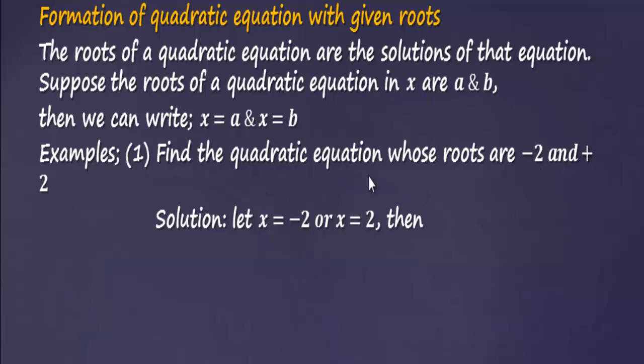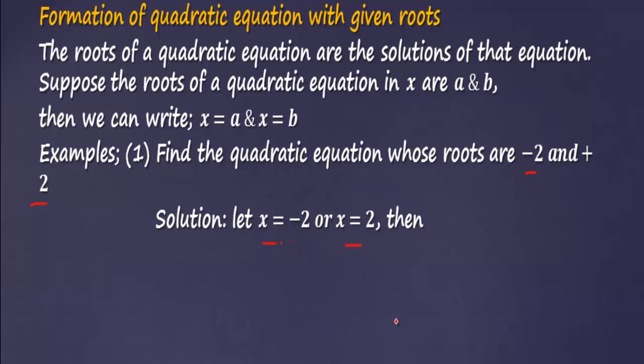When they write a question like this, you have 2 roots of the equation. It means that you take x or y equals minus 2 or x equals plus 2. That's what you write. That is the interpretation.